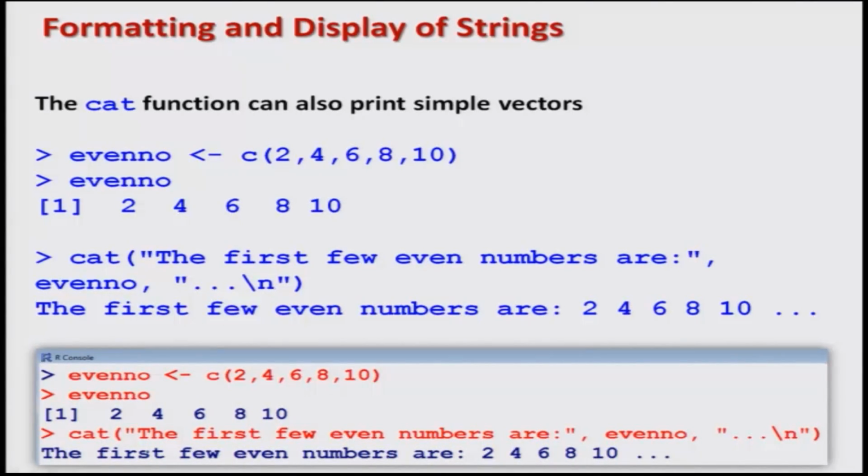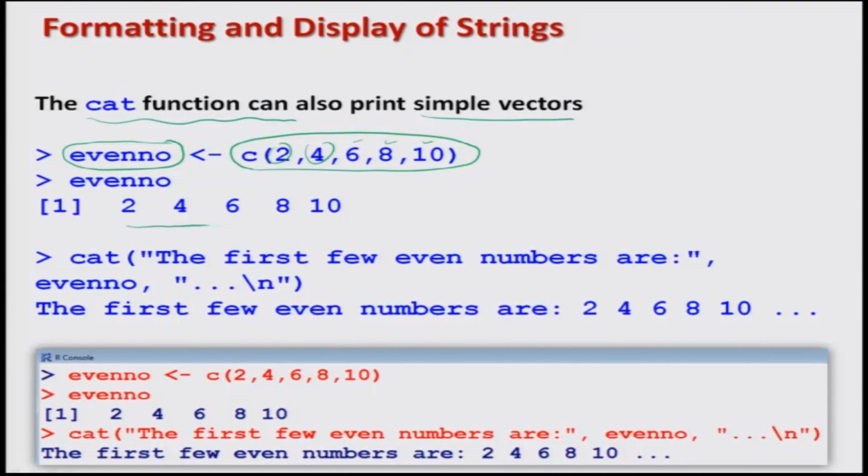and this is also a similar example, but here I am trying to work only with a simple vector, and I want to show you that the cat function can also work with simple vectors and print them. For example, I have some values which are a sequence of even numbers. These values are combined in a vector using the c command. Values are 2, 4, 6, 8 and 10, and I store them in a variable named, say, even, in short form.